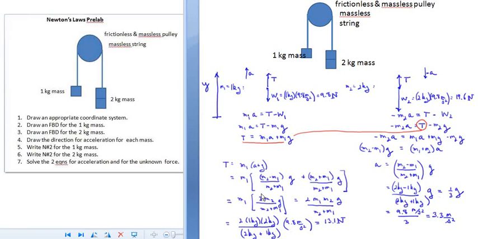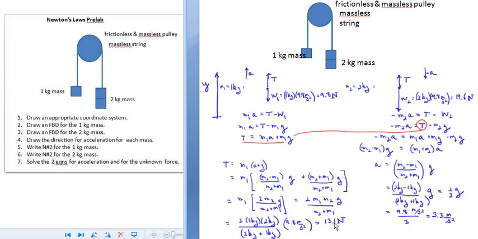Those terms cancel, so I get just the 2m2g in the numerator. So for the tension I get 2 times m1 times m2 times g over m2 plus m1. In other words, that's 2 times 1 kilogram times 2 kilograms divided by 2 kilograms plus 1 kilogram times 9.8, so it's 4/3 times 9.8, which is 13.1 newtons.